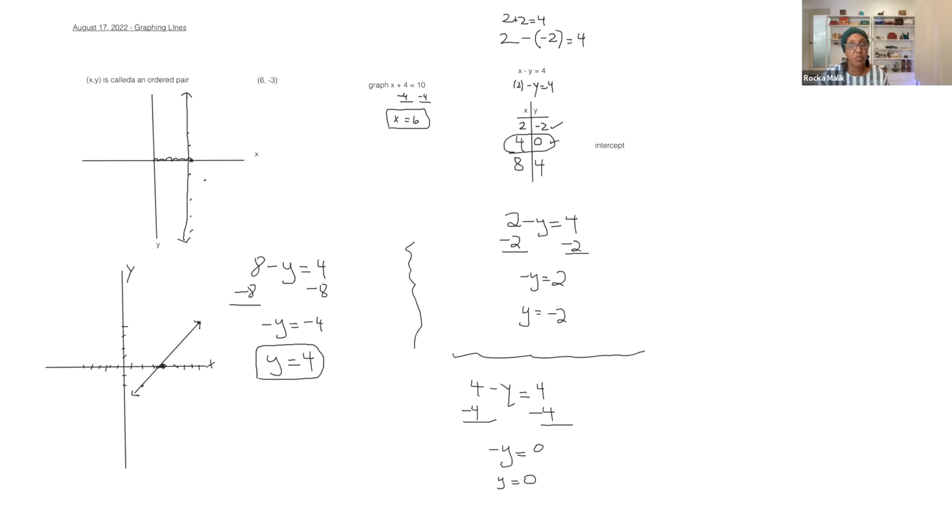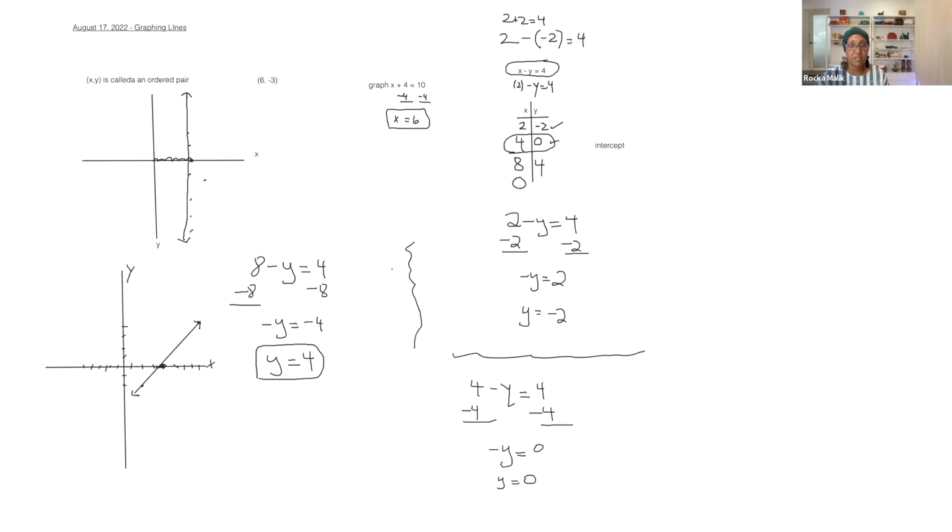Okay, so let's figure out what the y-intercept would be. Like, where would this line hit the y-axis? If x is 0, what is my value for y?